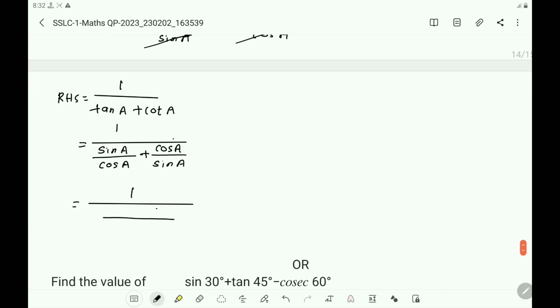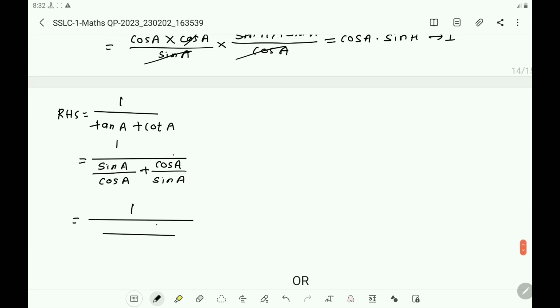It is a fraction, you write here cos A into sin A. And in the numerator, becomes sin A into sin A is sin square A plus cos A into cos A is cos square A. Because the LCM is cos A into sin A. So the numerator becomes sin square A plus cos square A. Sin square A plus cos square A is 1.